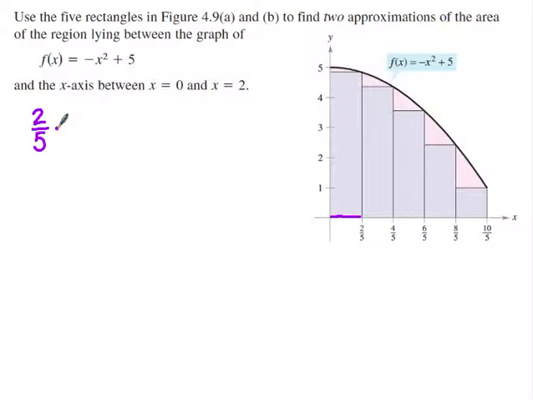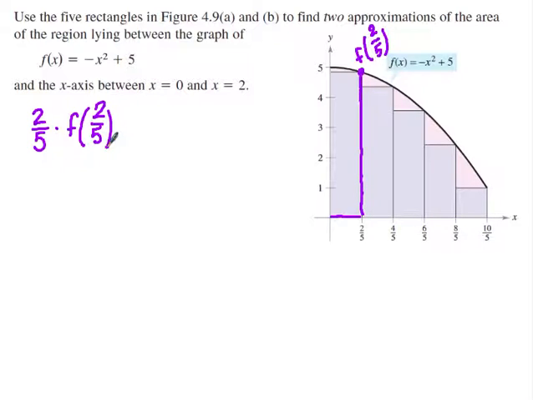Here's the width. Now I've got to figure out the height here. What's the height going to be here? 4.75. Yep, the height is actually this value on the graph. That value on the graph will be the y value at 2/5. So it's actually going to be f of 2/5.